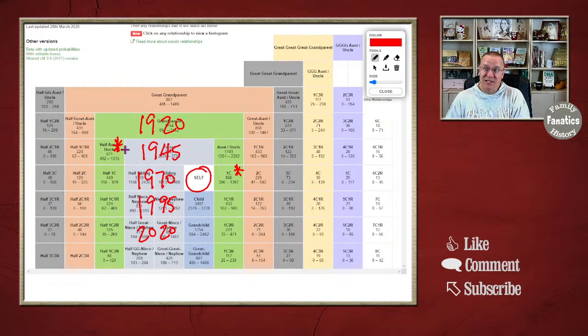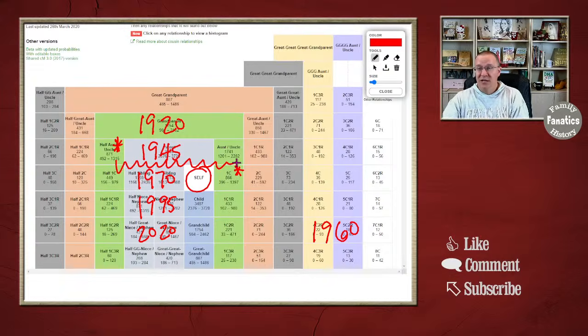Well, in this case, the first thing I want to do is take a look at when they were born. And let's say, for instance, they were born in, let's make this difficult for us, 1960. Okay, 1960 is not any one of these numbers. 1960 happens to fit right in between these numbers.